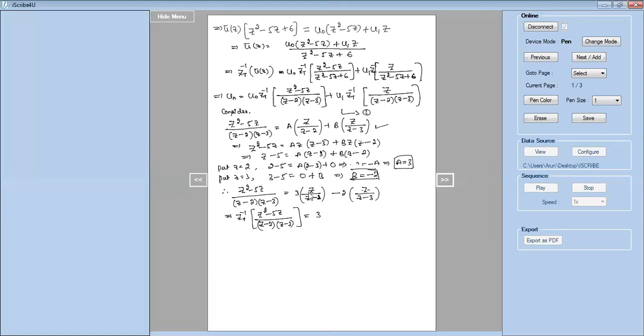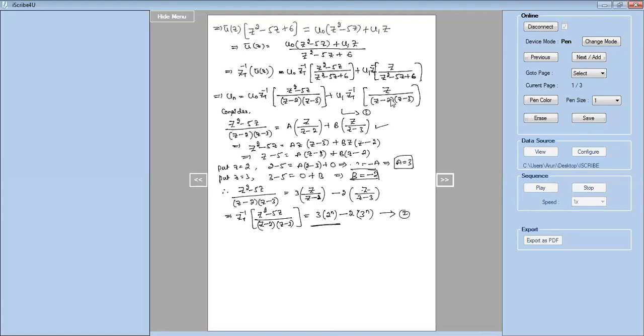It looks like z by (z − k), where k is 2, so the inverse of z by (z − 2) is 2ⁿ. Next, −2 into the inverse of z by (z − 3). Again same, z by (z − k), the answer is kⁿ. So k means 3, so it is 3ⁿ. So this is the inverse of the first term, and I will call it equation number 2. Right? So the first term inverse we got.